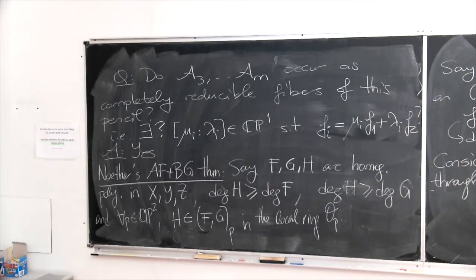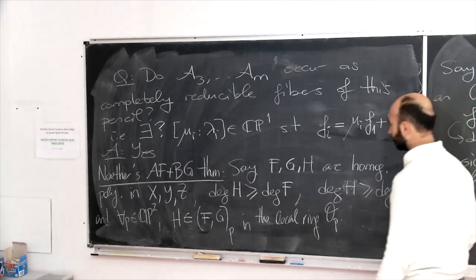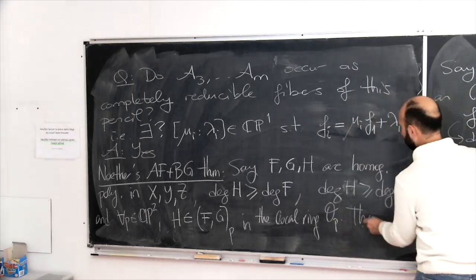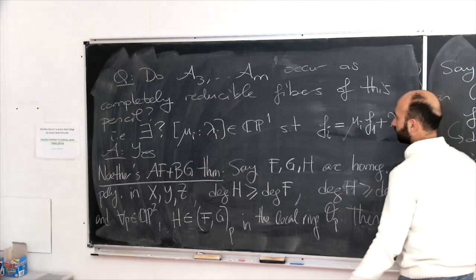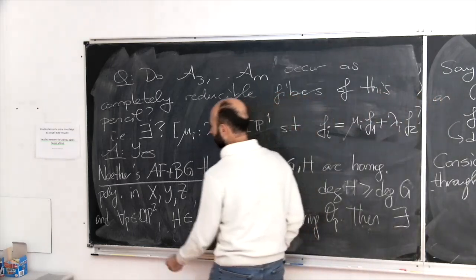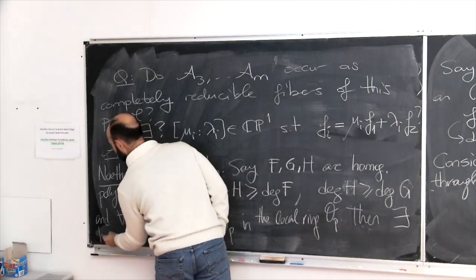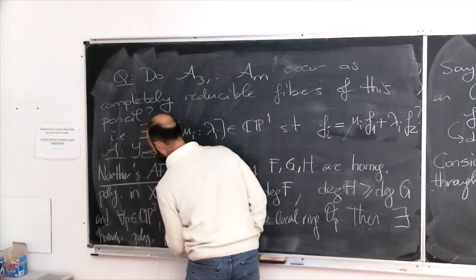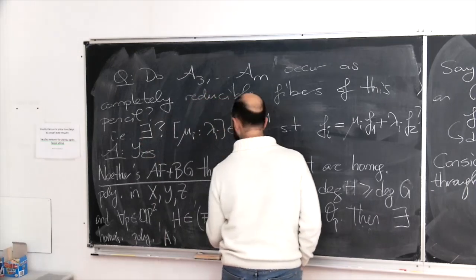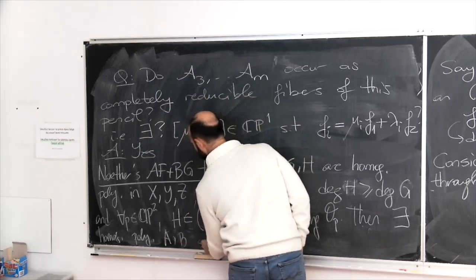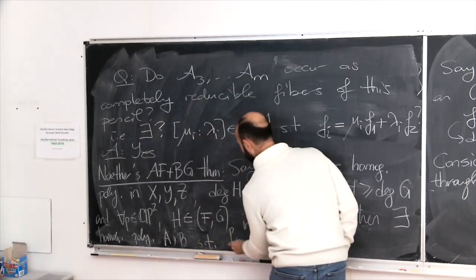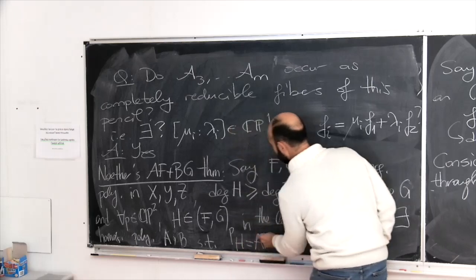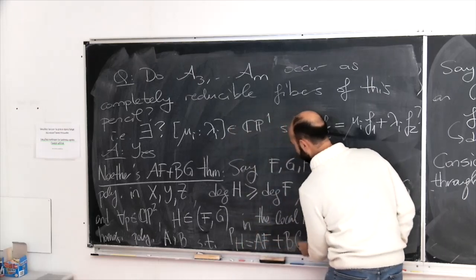So this is the condition. Then the conclusion is there exist homogeneous polynomials A and B such that H is equal to AF plus BG.